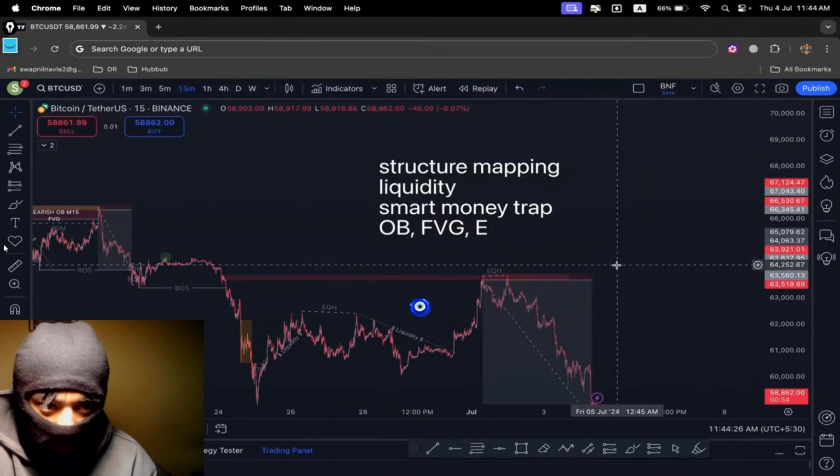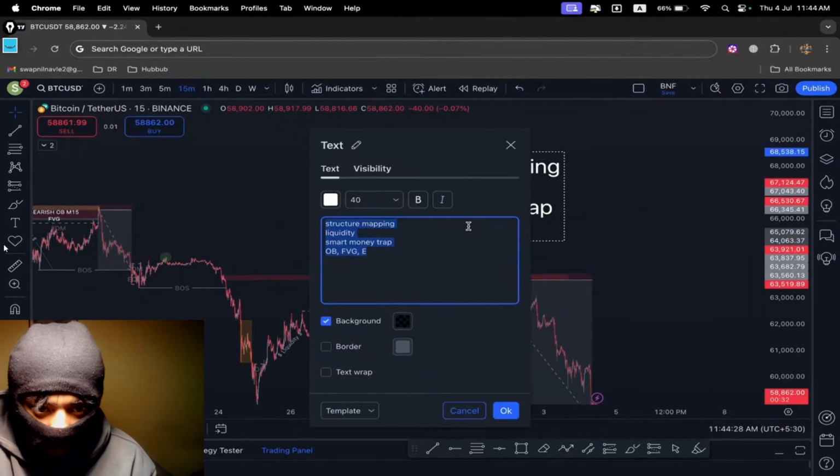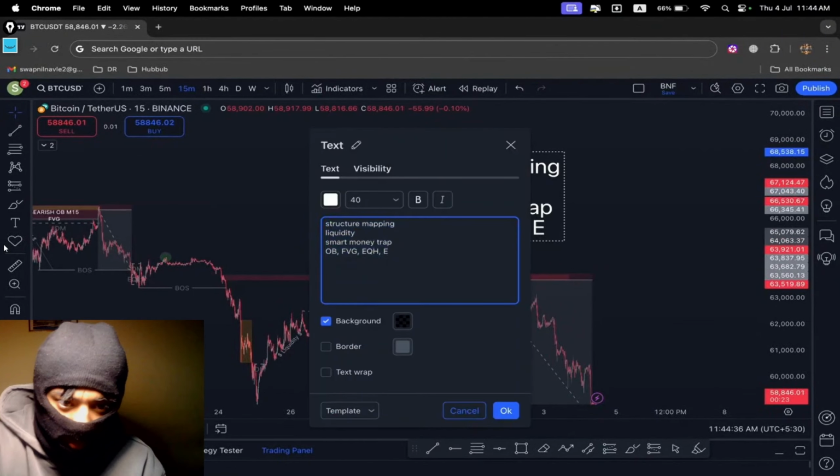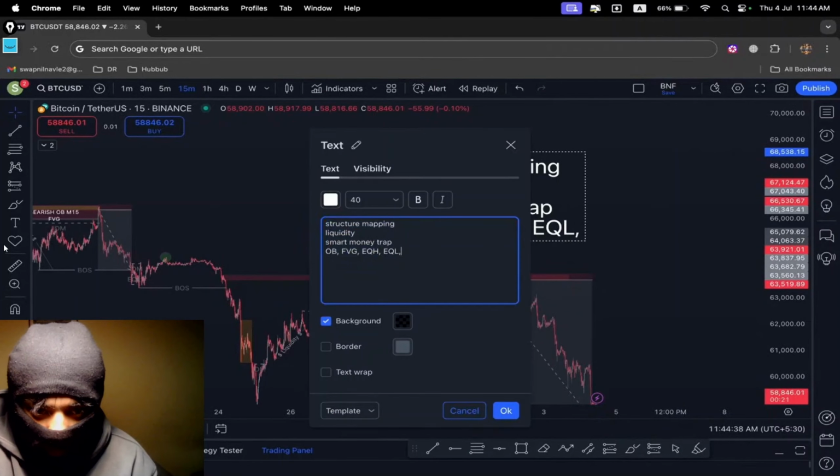Order block, FVG, equal highs, equal lows, point of interest, supply and demand zone.